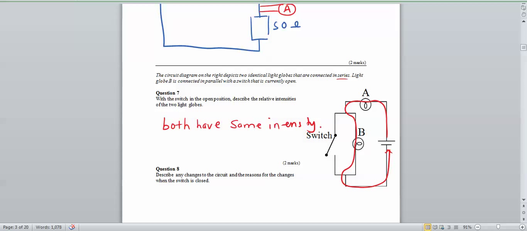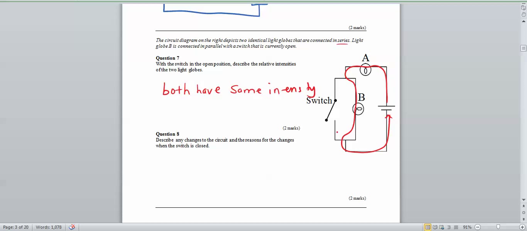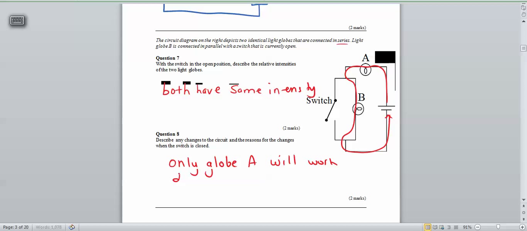Describe any changes to the circuit and the reasons for the changes when the switch is closed. Well, when the switch is closed, globe A will not work due to the switch creating a short circuit.